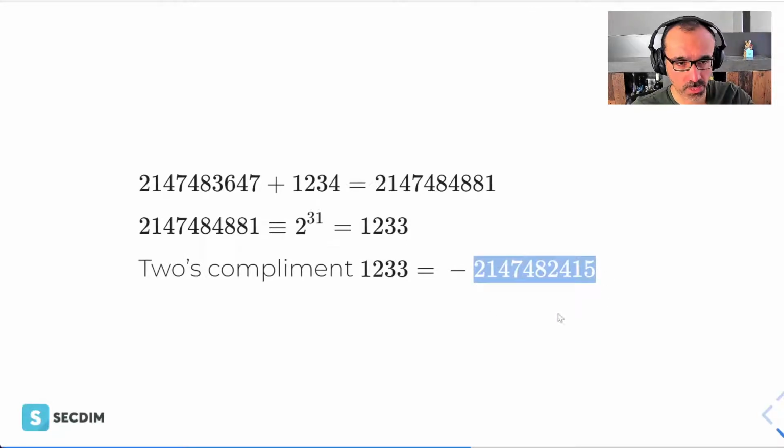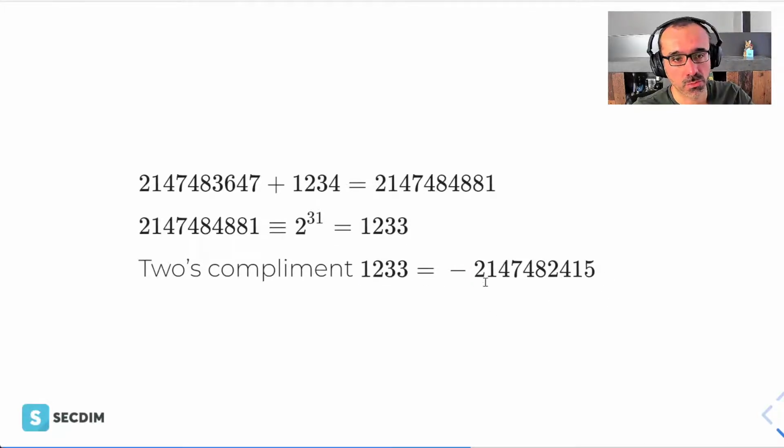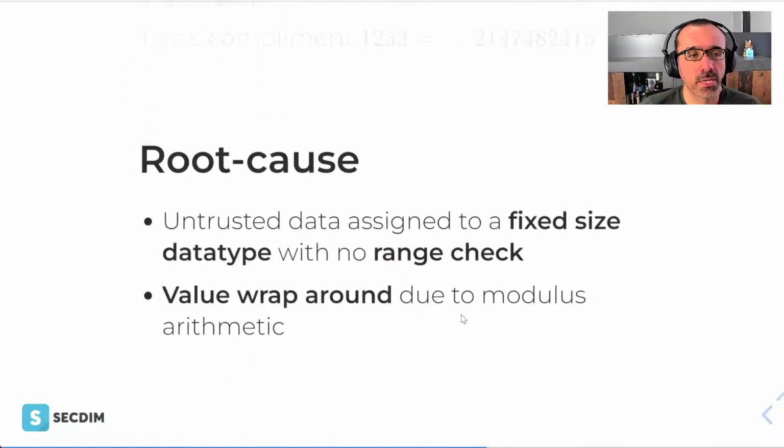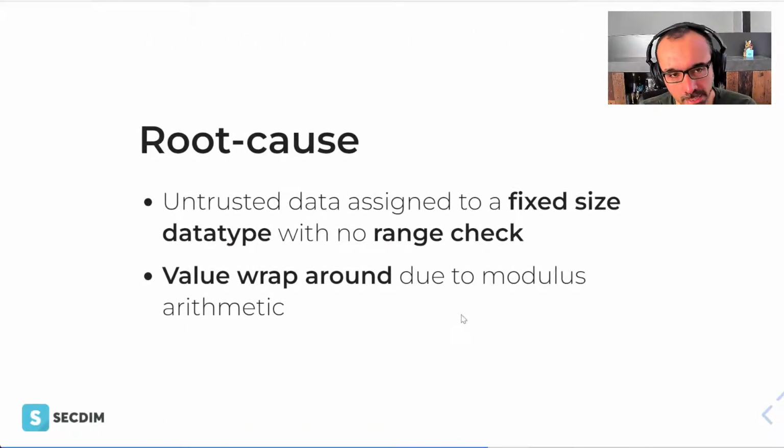So this is when that sign bit is set, and this is equivalent to this massive negative number. I didn't talk about 2's complement. Again, it's something basic, but that is how we represent negative numbers.